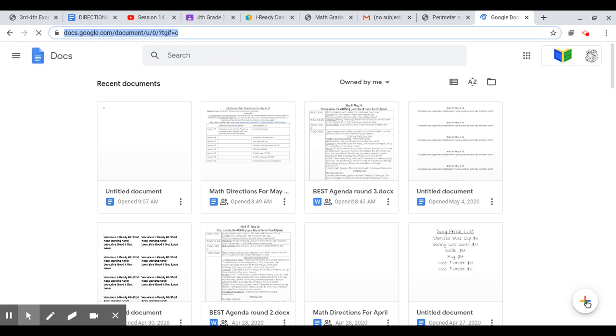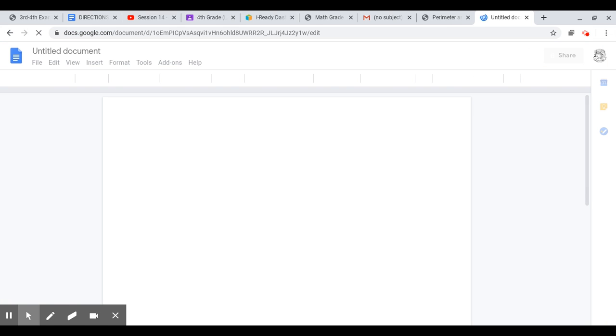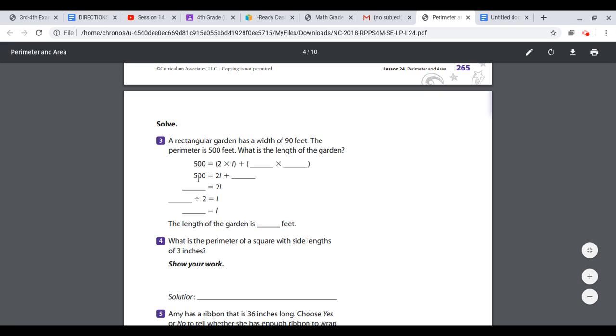Here we go. I'm going to work it out for you. My camera isn't working today for some reason. 500 minus 180, and that's going to give us an answer. You put that answer right here. Okay, blank equals 2 lengths. So whatever this answer is, you divide it by 2 to get 1 length, and that's the answer.